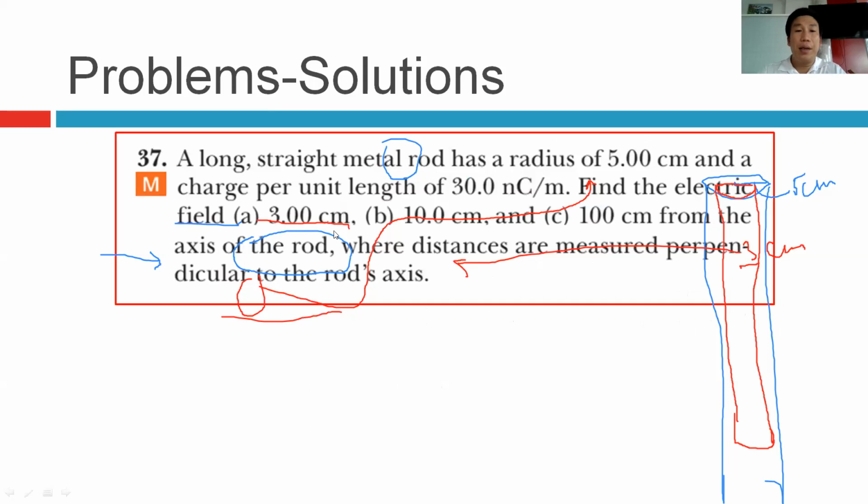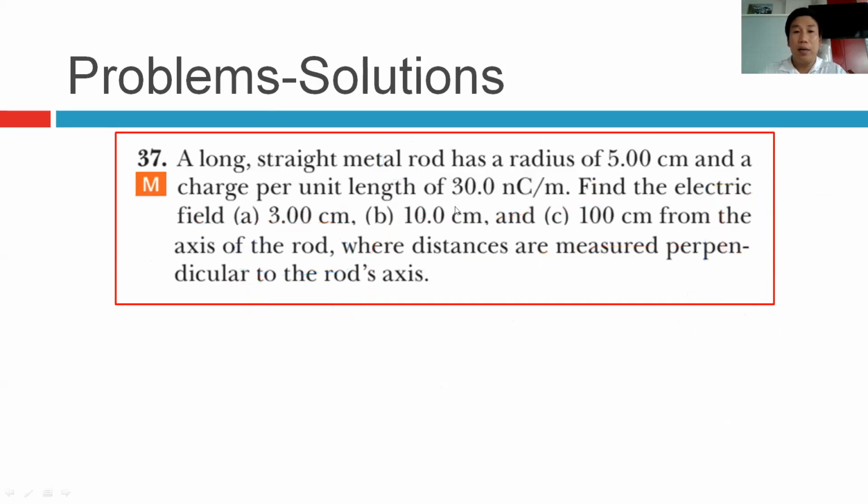And to determine the direction of the electric field, you need to know the sign of the charge. In this case, they give us lambda positive, right? So the electric field outside the rod should have the direction of r hat.